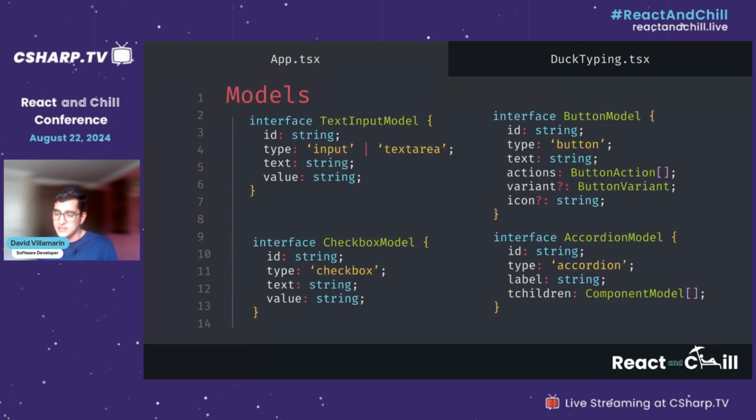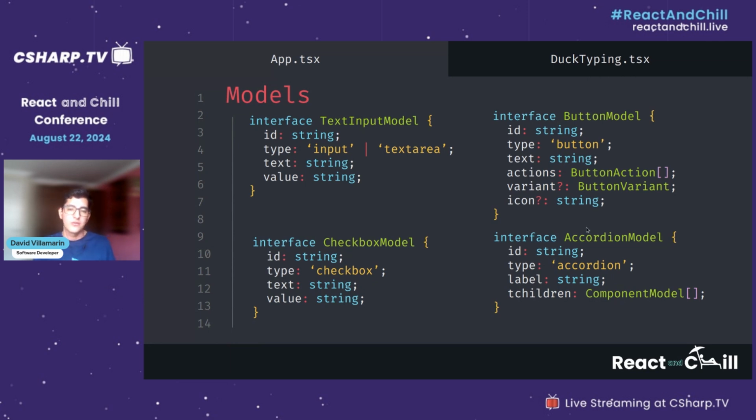So in this example, we have 5 components. So for example, here is the input or the text area that could have an ID, could have a text, could have a value. Here, the same thing, but we have a checkbox. So this is the model for the checkbox.